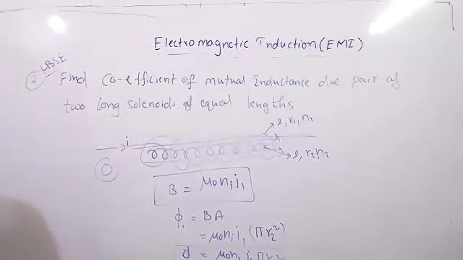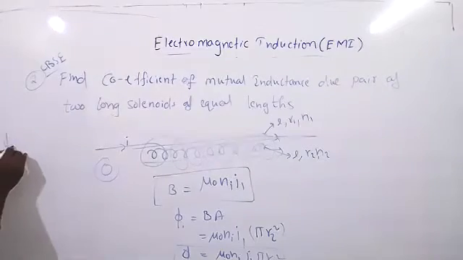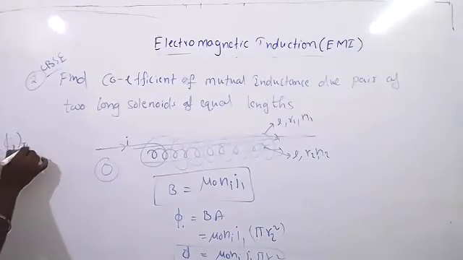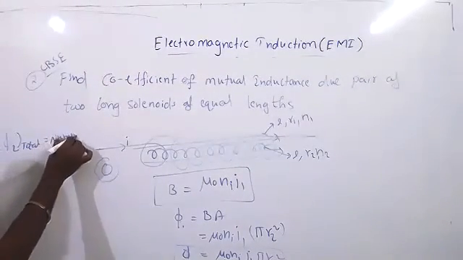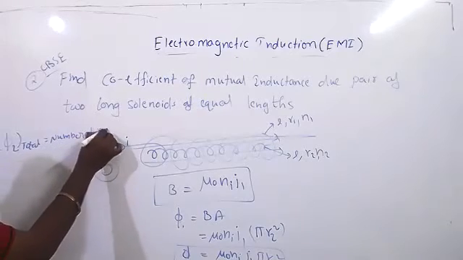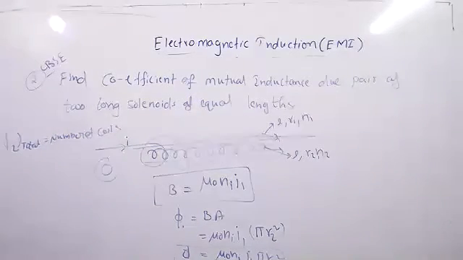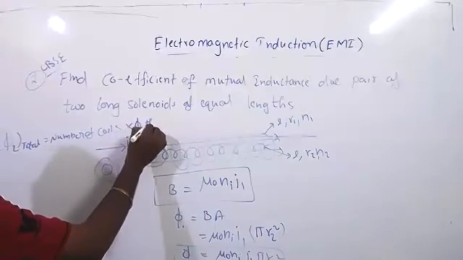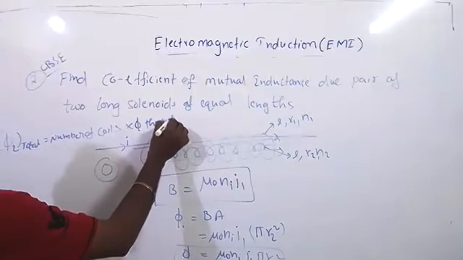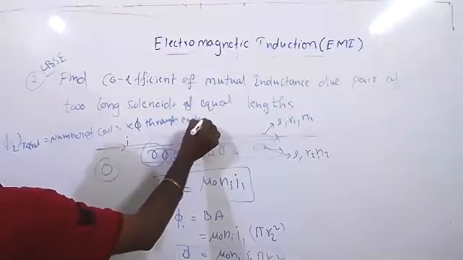Total flux, Phi 2 total, equals the number of coils into the flux through each coil.